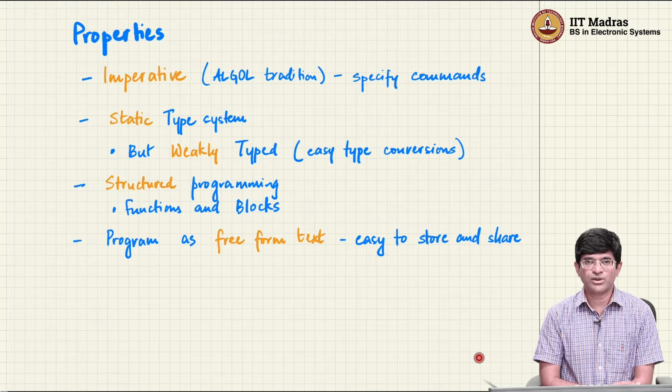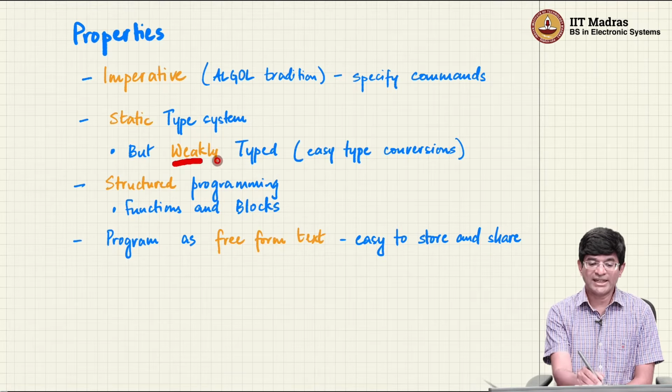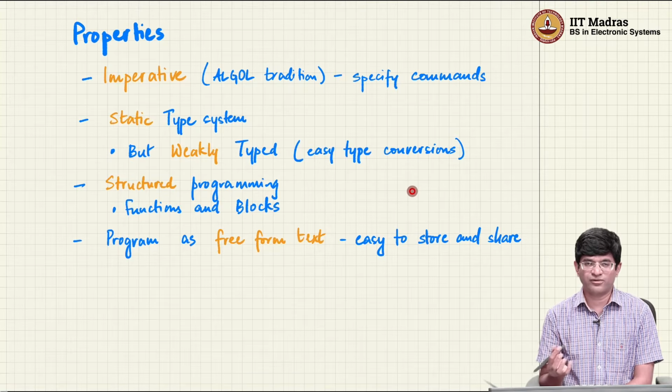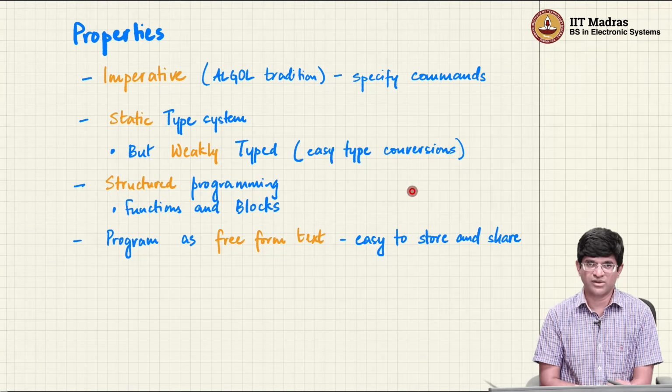It actually requires you to declare everything and say, okay, this is an integer, this is a floating point number, this is a character, and so on. Having said that, it is also what's called a weakly typed system, where converting from one type of value to another is actually quite easy. And there are languages where this is not permitted. So for example, if I want to convert from an integer to a floating point number, I have to be very clear and explicit to the language that yes, I want to perform this conversion.